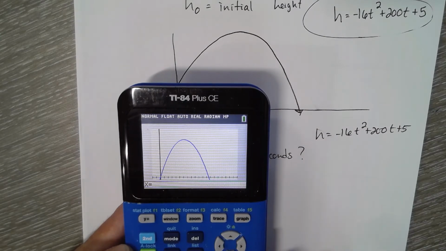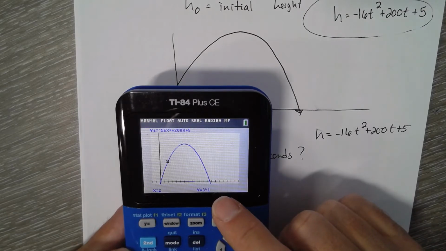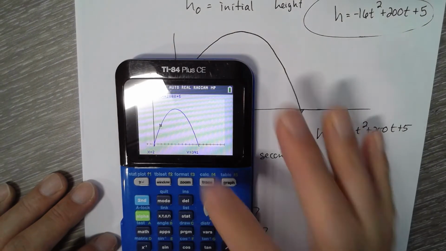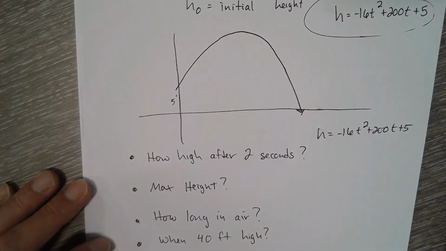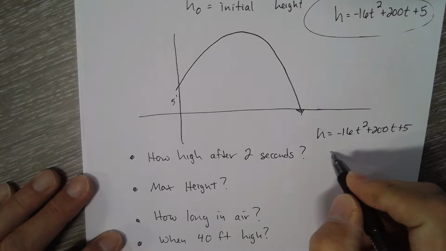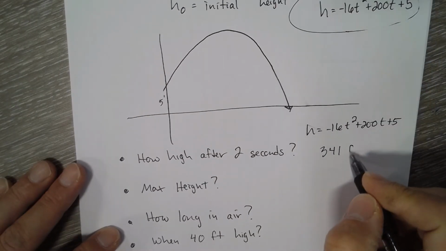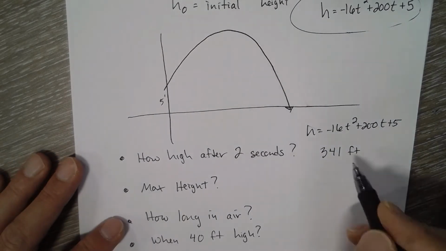We want to know what the height is after 2 seconds. And is that 341? That's going to be messy. Alright, so Stay Puft Marshmallow Man after 2 seconds is at 341 feet. Make sure you do the label, the units.